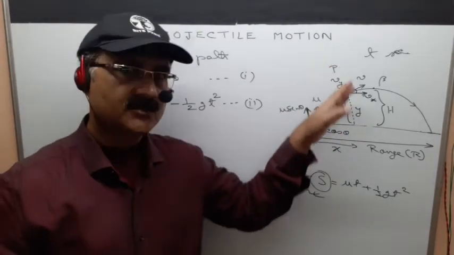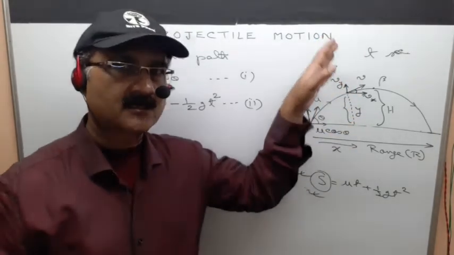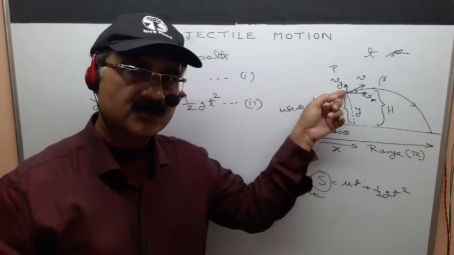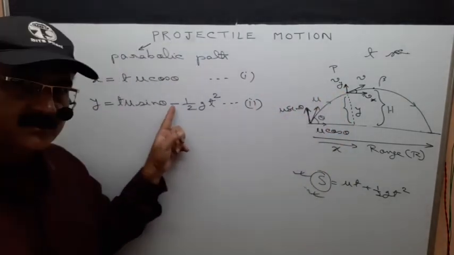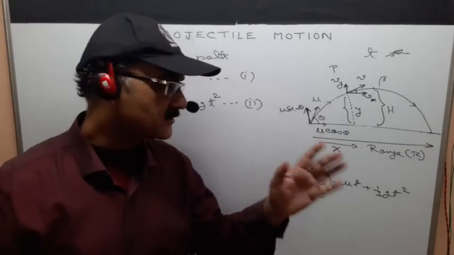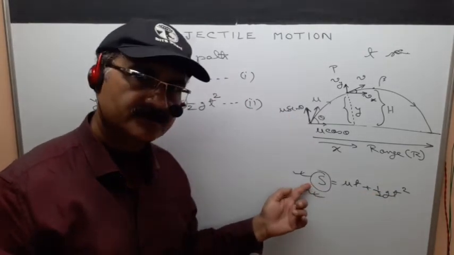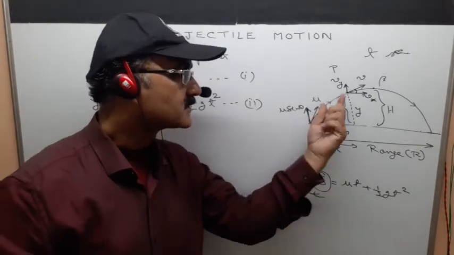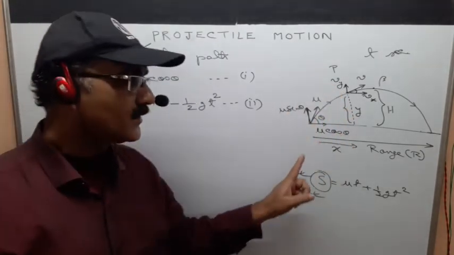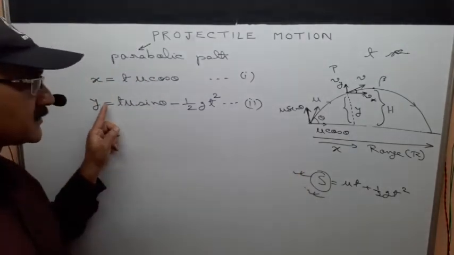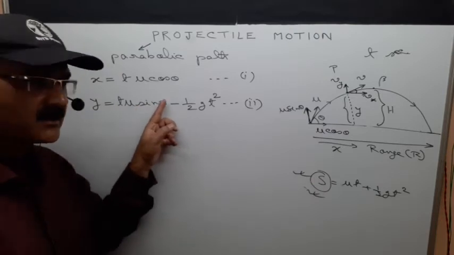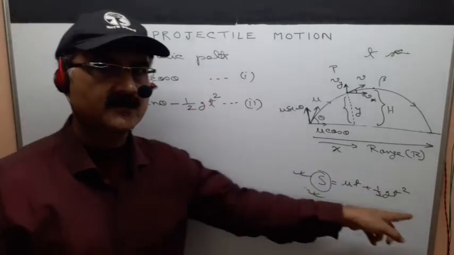In the y direction, there is acceleration due to gravity. It is decreasing the velocity, so this is minus. Since there is acceleration, we'll have to use this equation. Instead of s, we want to find this distance, so this distance is y. So y equals t into initial velocity u sin theta minus half g t square.